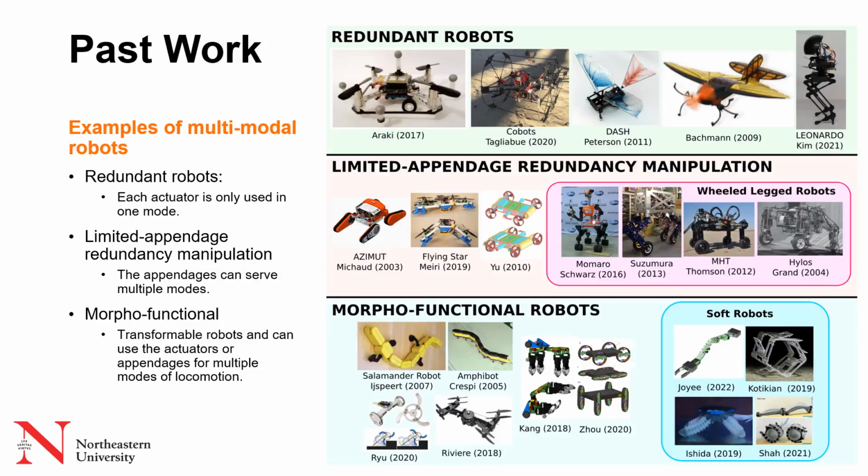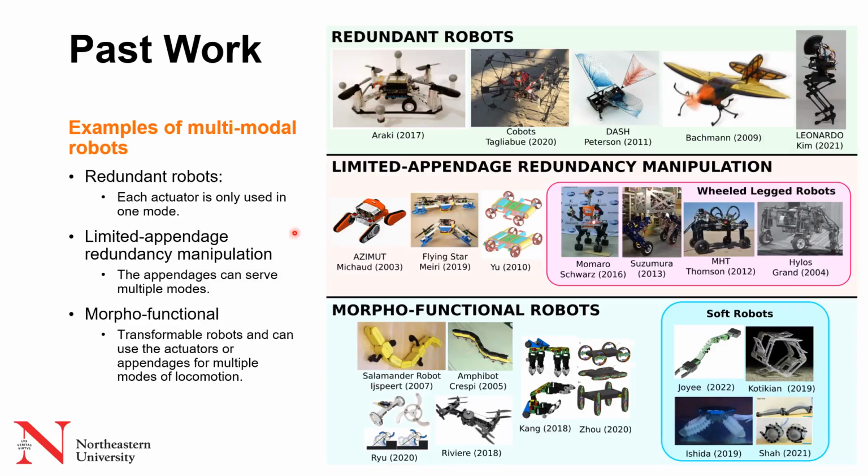In this slide, we show some examples of other existing multimodal robots to relate our robot to. These robots can be categorized into 3 types. First is the redundant design, where each actuator is only used in one mode, such as this ground-aerial UAV that's basically a quad-rotor with wheels. So the rotors only do the flying and the wheels only do the ground modes.